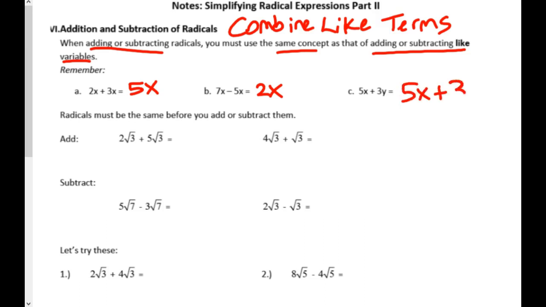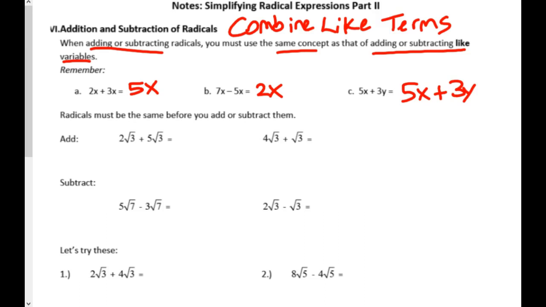Very good. So, 5x plus 3y is 5x plus 3y, right? Let's replace x and y with apples and bananas. If I had 5 apples plus 3 bananas, they don't become 8 apples or 8 bananas or 8 banapples. It doesn't work that way, right? So again, if it can't combine, it doesn't combine.